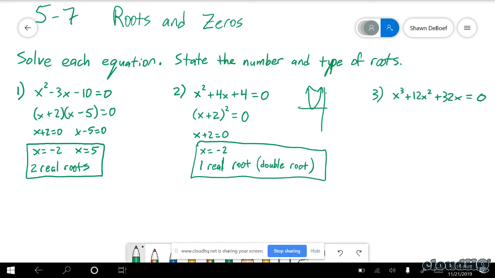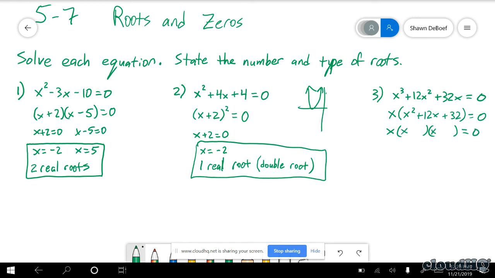I could factor the x out. Don't divide both sides by x. If you divide by x, you lose one of your answers. That's not what you're looking for. But you can factor the x out of them all. Leave it there, don't lose it. End up with x squared plus 12x plus 32. And now what's in the parentheses is quadratic, so we can factor it like the other ones.